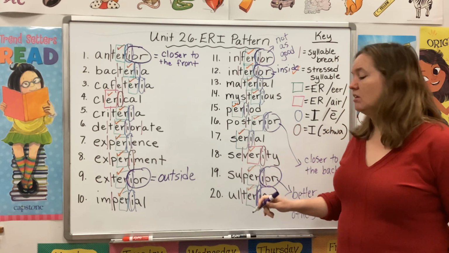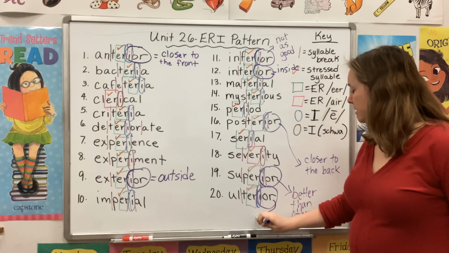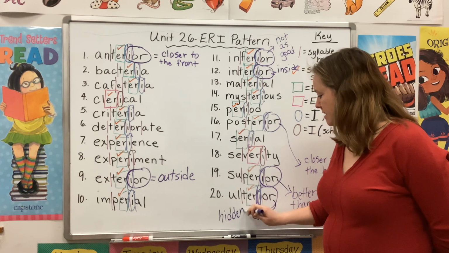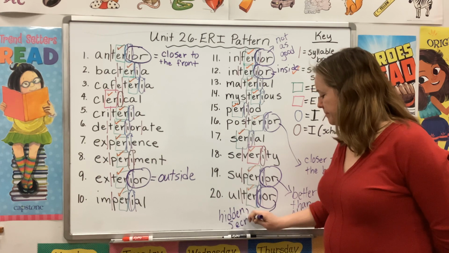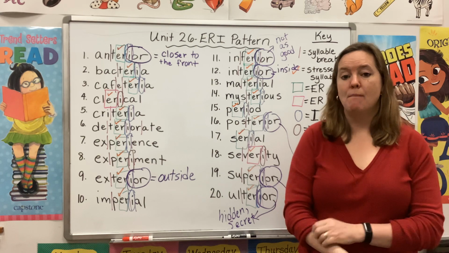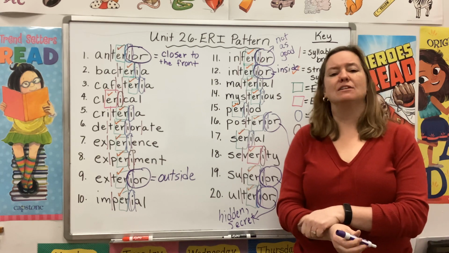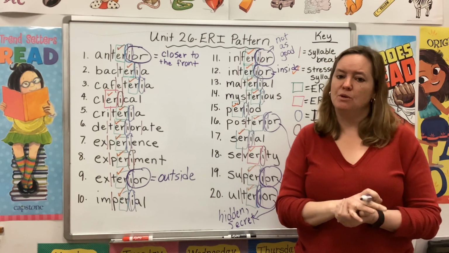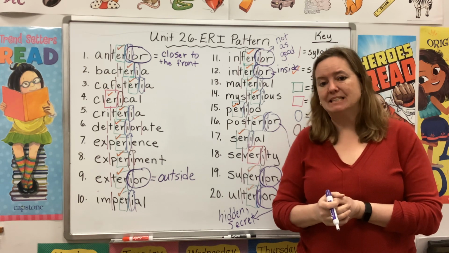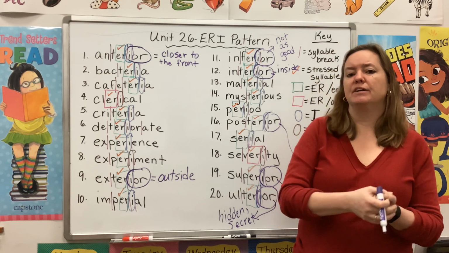One more word on our list that contains that IOR suffix is ulterior. Ulterior means hidden or secret, okay? If somebody has an ulterior motive, let's say someone has always been really mean to you at school, but now all of a sudden she's being really nice. Well, does she have an ulterior motive?